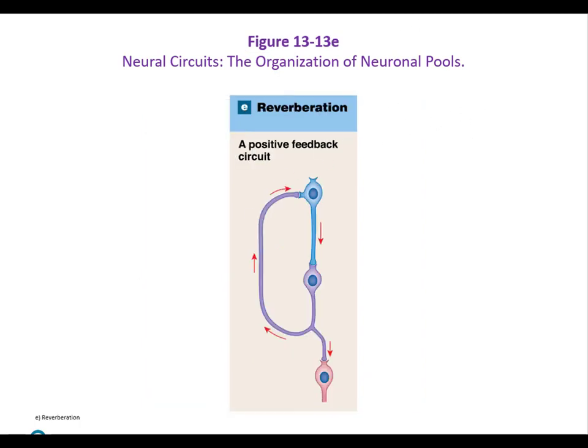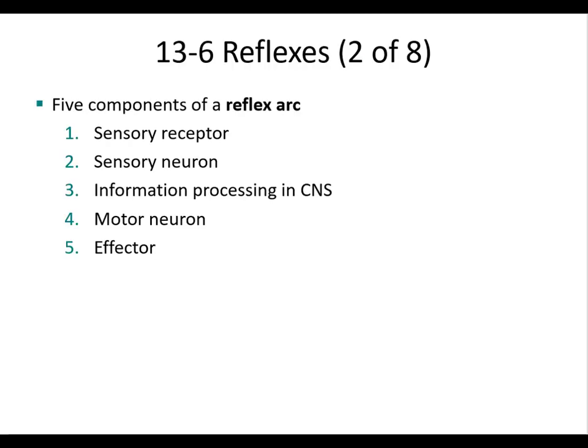This would be a positive feedback loop if we need to keep something going. We need to continue moving. We see this kind of signal where maybe maintaining consciousness. You send a signal to keep staying awake, and you're also sending the signal down to effectors that are affected by that.